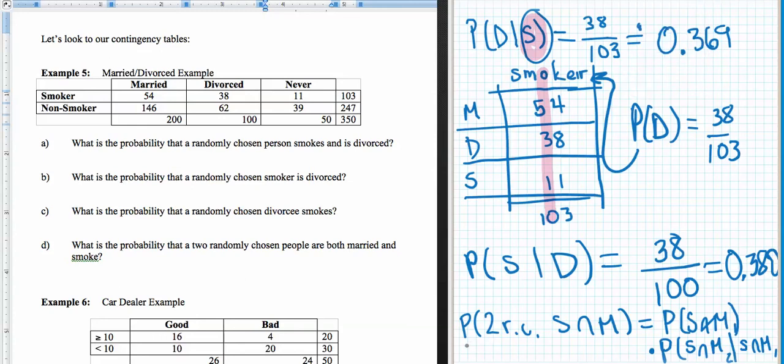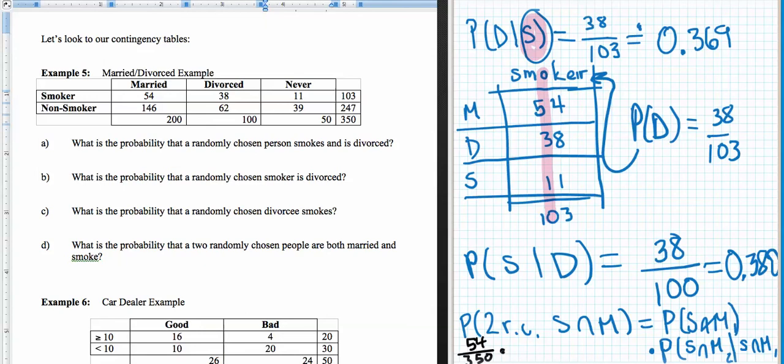So I'm going to go over here and say, okay, the probability that the first person is a smoker and married, there are 54 of those, right? Out of all of those, because those have both characteristics. So I was choosing from all the people, 54 out of the 350.